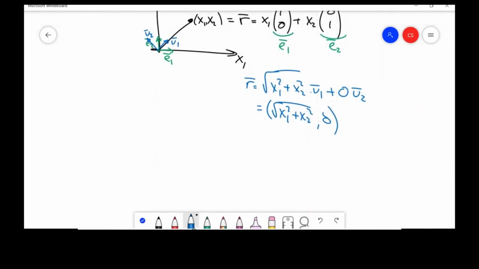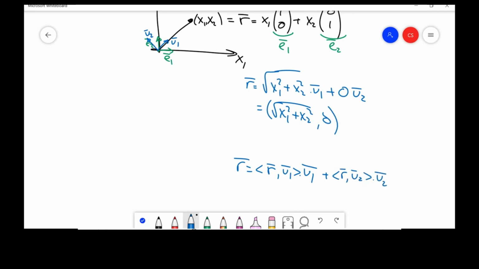In general, let's say that you have R, and you have an arbitrary basis U1, U2, and you have to find R. So it is (R·U1) U1 plus (R·U2) U2.